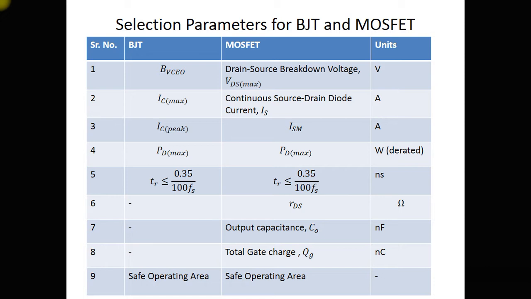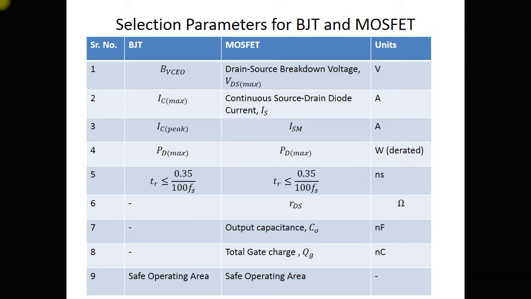TR, as we have already seen, the rise time for both devices, will be less than or equal to 0.35 divided by 100 times the switching frequency. In the case of MOSFET, RDS is also an important thing, because it is the channel resistance, and the square of the maximum current when the device is on, multiplied by RDS, is the power dissipation.